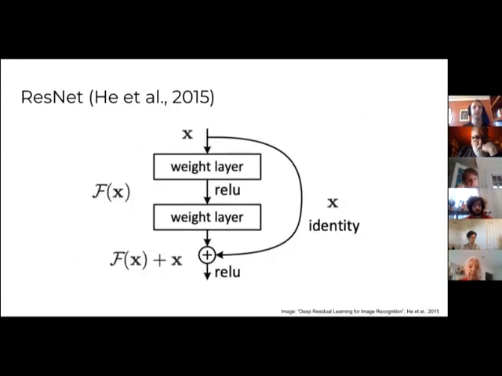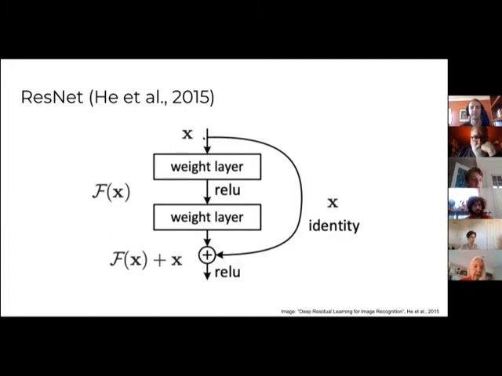The second architecture we tested was ResNet, which is a residual neural network. This was a more out-of-the-box model that had been designed in this paper. I won't spend a lot of time on it, but the breakthrough of ResNet was the ability to use deep neural networks without running into the vanishing gradient problem.